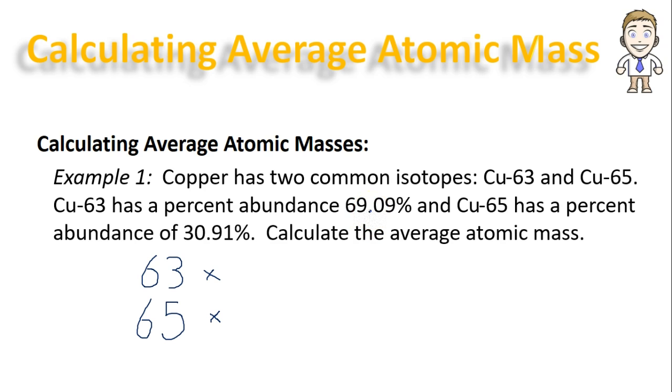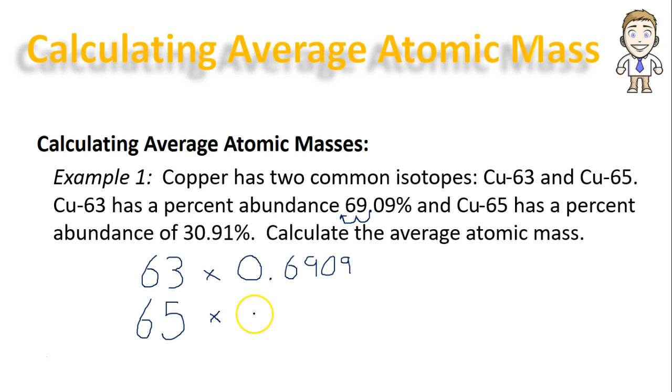But before you do that, you're going to move the decimal place in the percent 2 places to the left. So since copper-63 has a percent abundance of 69%, I'm going to multiply 63 by that percentage, but with the decimal to the left. So 0.6909.